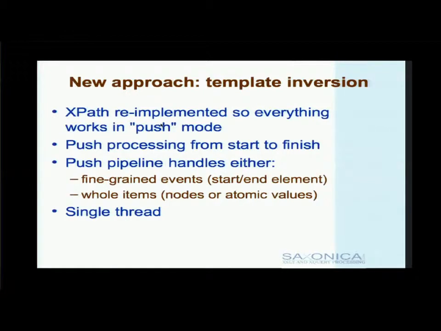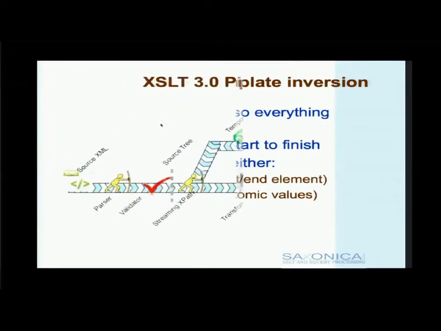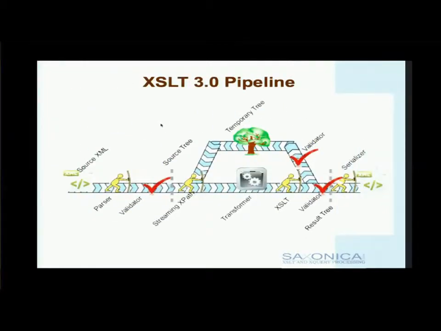And so it's now a single thread. So this is what it looks like. This embarrassed guy in red has switched around to push along with the rest of the guys, and the XPath processor has been replaced by a streaming XPath processor, and apart from that, there's no substantive change. So the XPath engine is completely rewritten, but other things haven't changed too much.